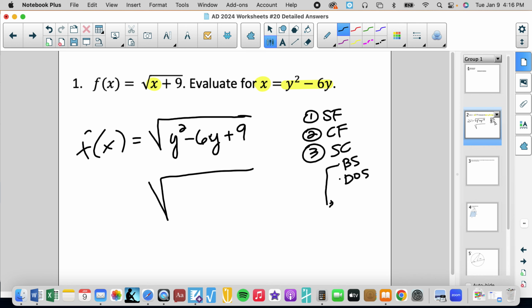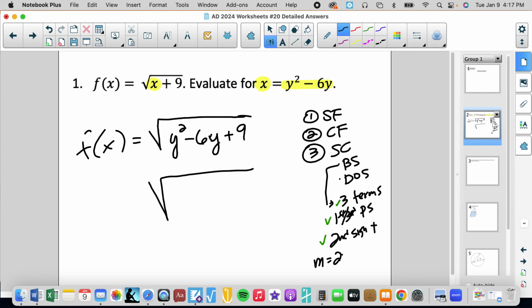Binomial square is 3 terms. This has 3 terms. First and third are perfect squares. Y squared is a perfect square. 9 is a perfect square. Second sign positive. Yes. So we got yes, yes, yes, and this is the tricky one.